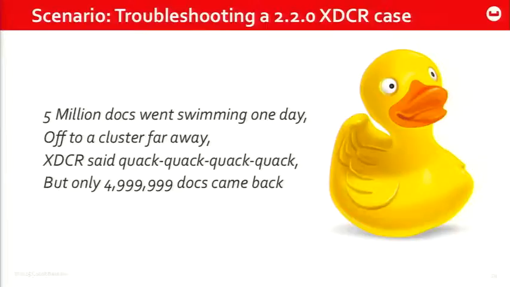This one represents when we've got XDCR going between a source cluster and a destination cluster. The source cluster has, let's say, 5 million documents in, and the destination has 5 million minus 1. And so we need to try and figure out, hey, what's gone wrong? Was the document too big? Was there something wrong with the network? In order to get to that point in the investigation, the first thing we wanted to do was to understand which of the documents had gone missing.